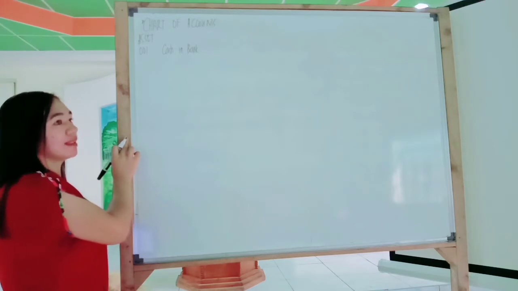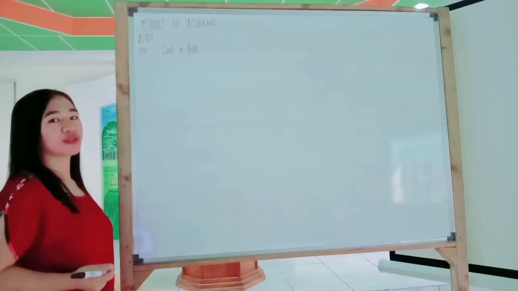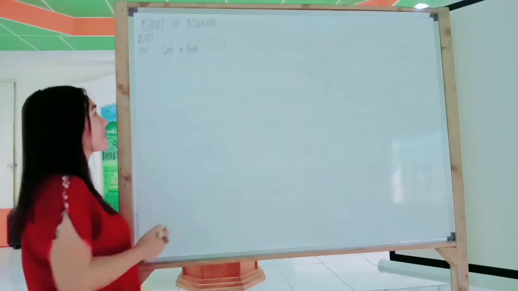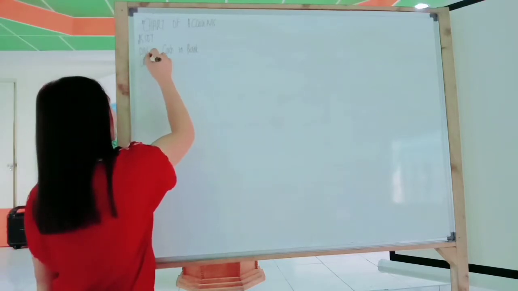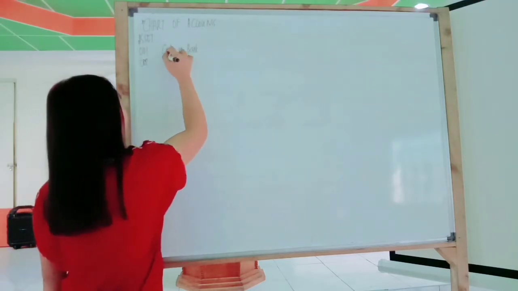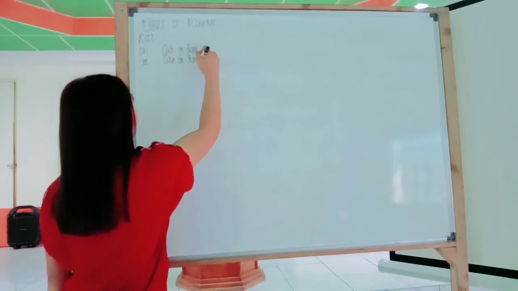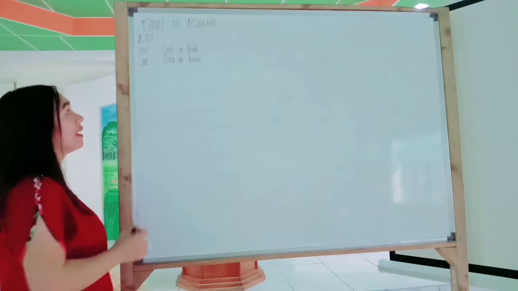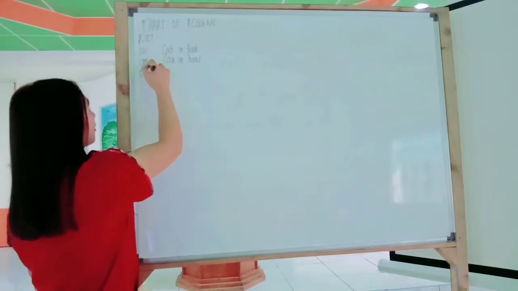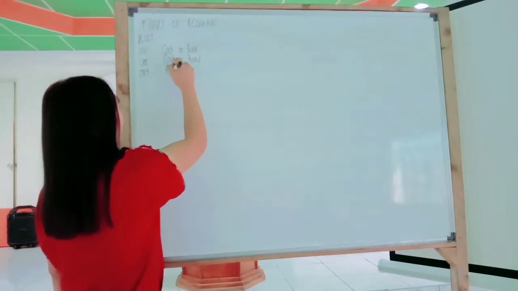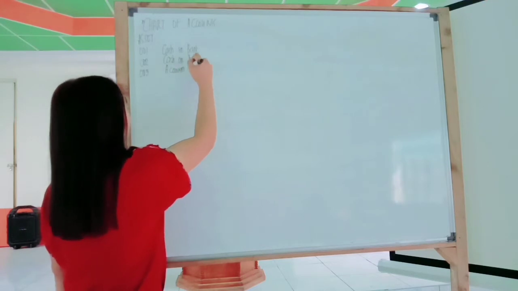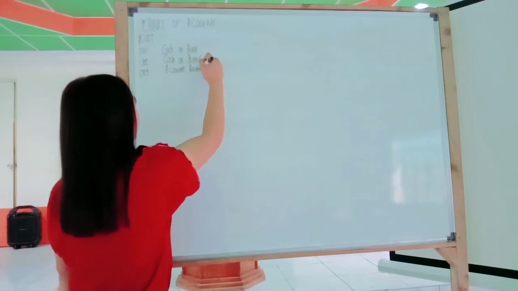Yun, so meron yung notion na involving yun sa cash niya sa bank. And then 002, lagay na lang natin cash on hand. And then 003, may nag-transpire na accounts receivable.